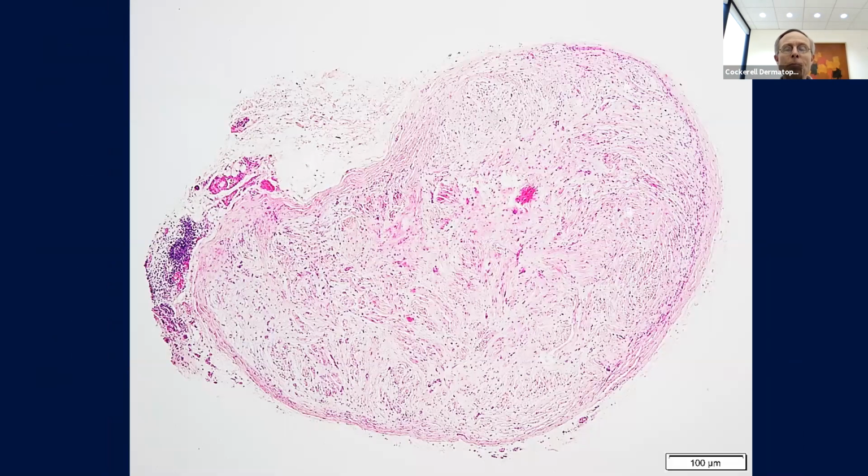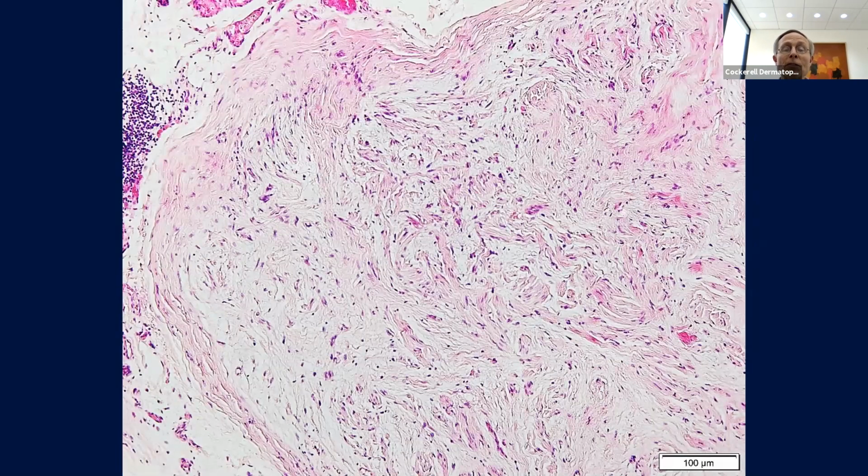Okay, another neural neoplasm, but notice this one is well circumscribed. Here we've got the whole thing. This one probably was submitted as a cyst, not thought to be a neural neoplasm. They did a little incision on it, probably popped it out. It's got similar cells, but a lot of mucin in the center of the lesion.